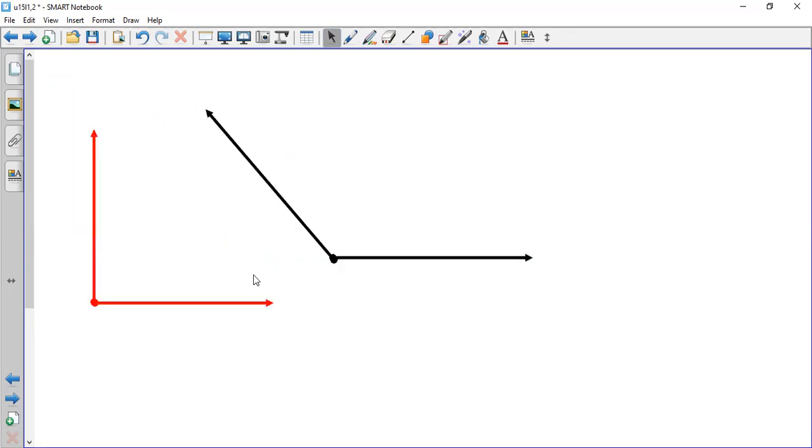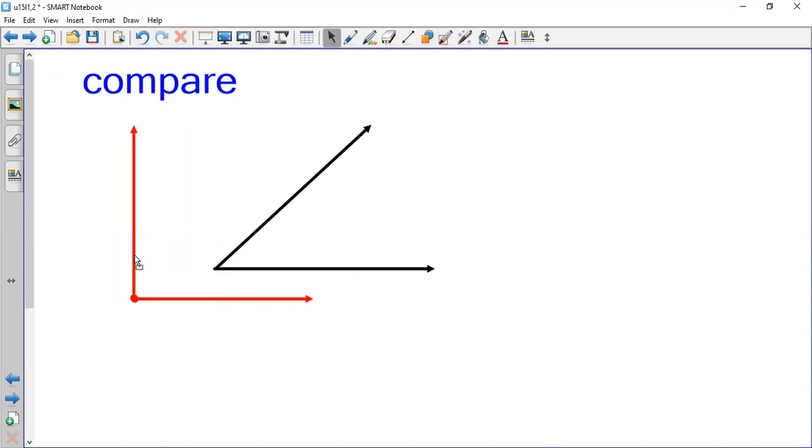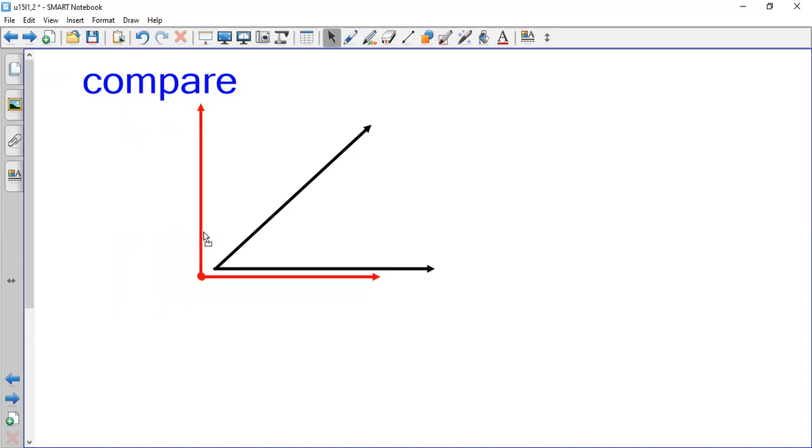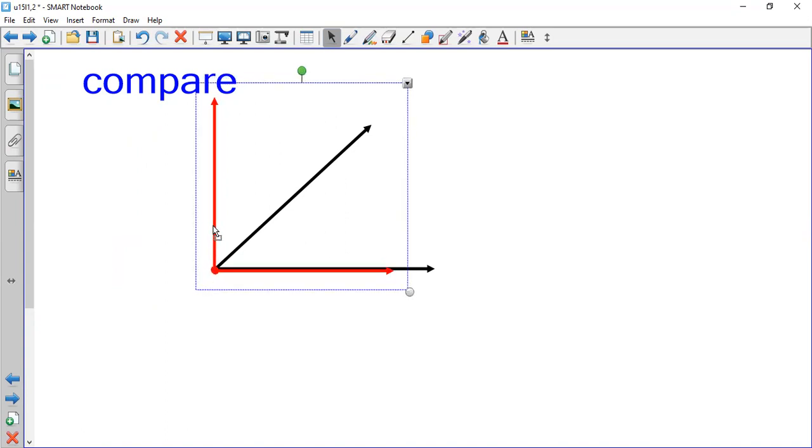So again, I will use a prepared right angle, and I will put the corner or the vertex of the right angle on the vertex of my angle, and I will put the side of the right angle on one of the sides of the angle, and I will look.